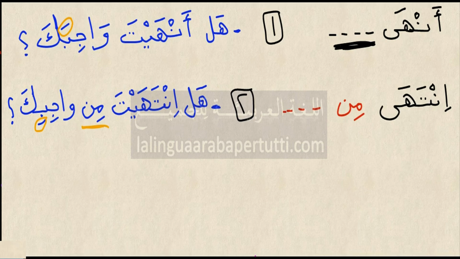Look, he said, did you finish? So, how do you say did you finish in this situation? You don't have something. How will you say it? You can stop the video, try to translate it, then tell me with all the possibilities that you can.